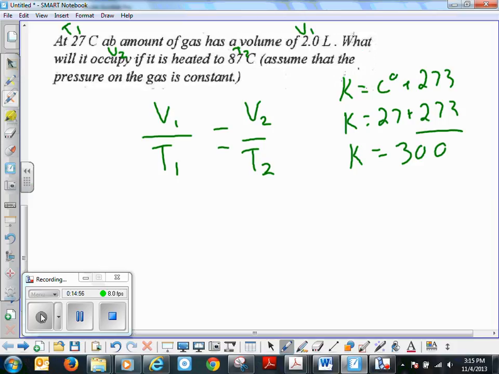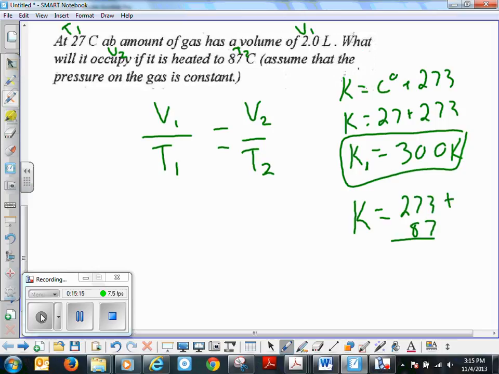Okay, now notice there's no degree mark with Kelvin. It's just 300 Kelvin, or 300 K. Okay, so that would be our first one, right? Our second Kelvin temperature is 273 plus 87, 360. That's K2. Okay, so let's plug that in then.